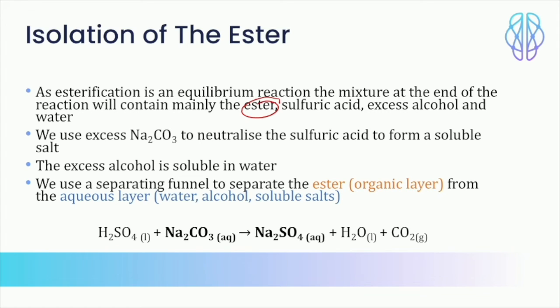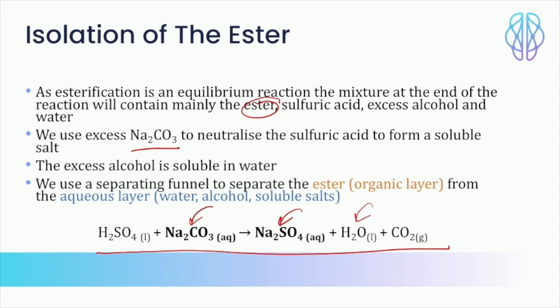The first thing you're going to do is add sodium carbonate, Na2CO3. It's a base, so it's going to neutralize the sulfuric acid in a manner shown below. Sulfuric acid and aqueous sodium carbonate give you sodium sulfate, water, and carbon dioxide. Sodium sulfate and sodium carbonate are both soluble in water.